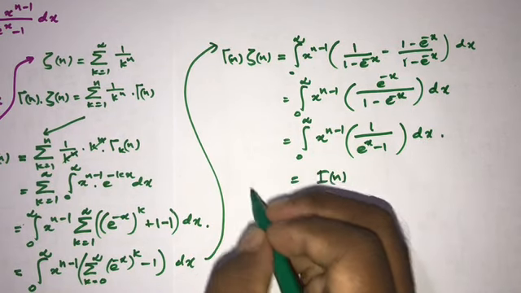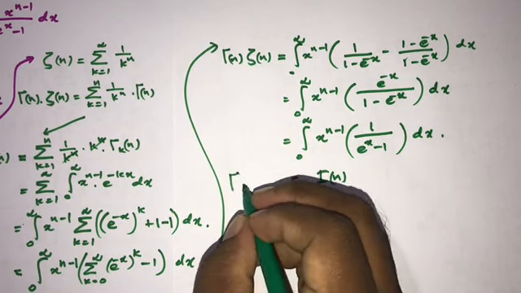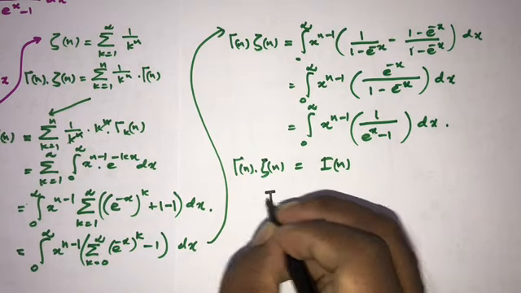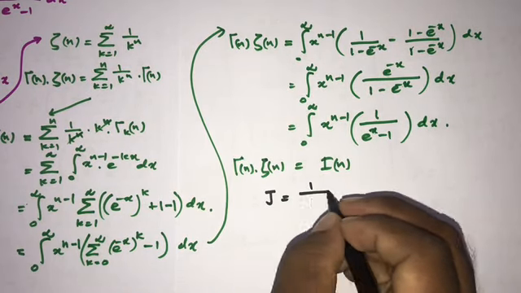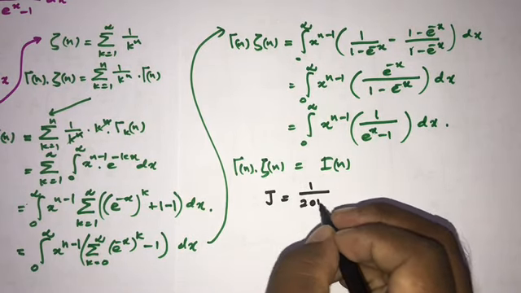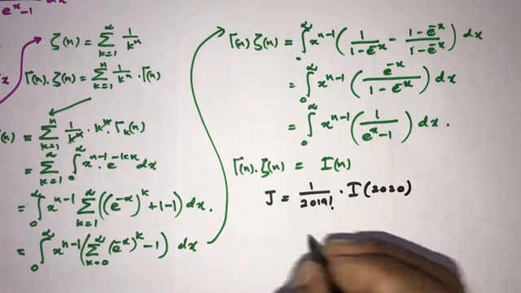Now we have gamma of n zeta of n is equal to I of n. Now our integral J is equal to 1 over 2019 factorial times I of 2020.